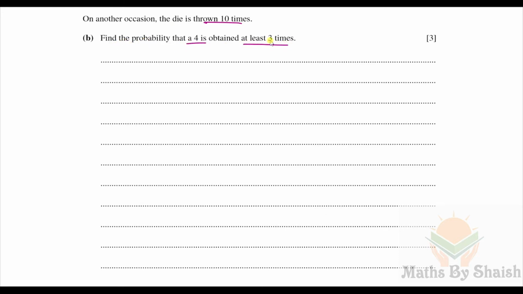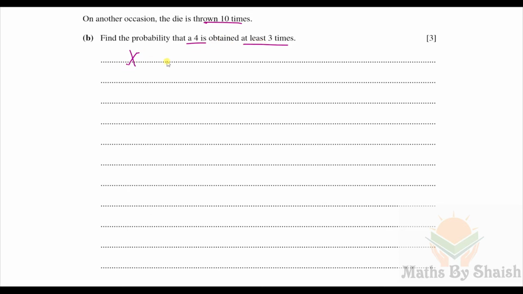You can think of it as a binomial, because all the trials are independent of each other, and the success probability would remain the same, 1 by 6 for all. So we can take it as binomial, and x is going to be the number of successes, the number of times 4 occurs.